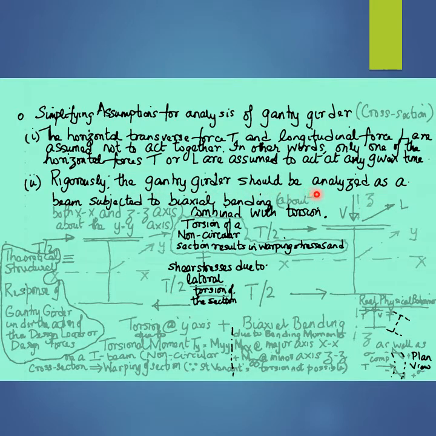Well, strictly the gantry girder should be analyzed as a beam subjected to biaxial bending about both the major axis XX as well as the minor axis YY of the girder or the beam, and torsion about the longitudinal axis YY of the beam.